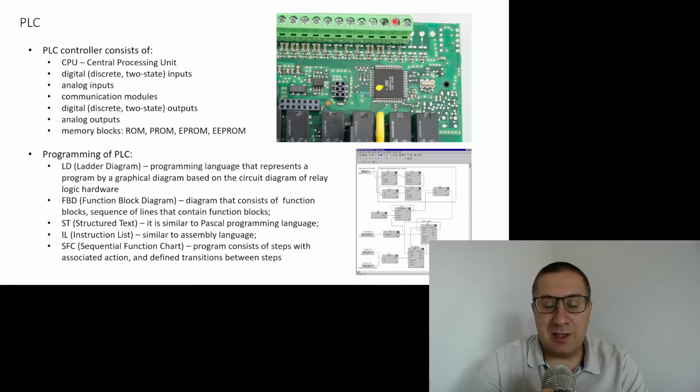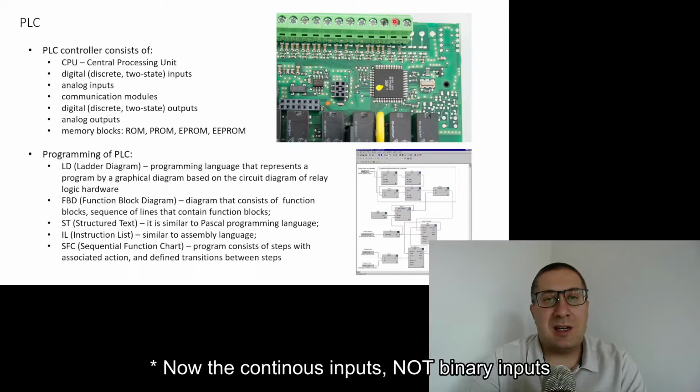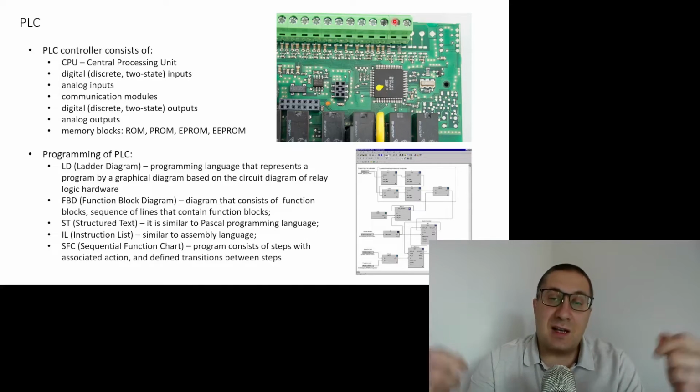Binary inputs are, for example, the engine is started or stopped, the valve is opened or closed, the water level is reached or not, right? Continuous inputs are what is the level of valve opening, what is the load of the engine, what is the level of the liquid. In case of outputs, the same.